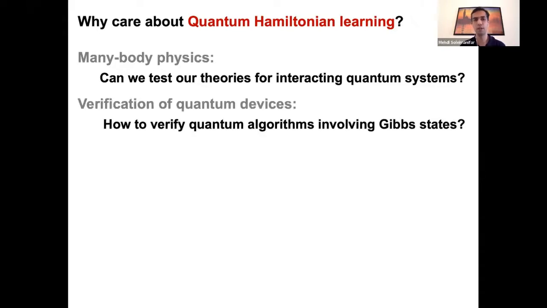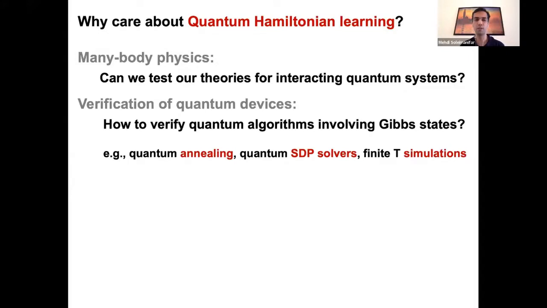And a similar question arises in quantum computing, where many quantum algorithms involve sampling from quantum Gibbs states. This appears in quantum annealing, quantum SDP solvers, or finite temperature simulators. Again, what we would like to have is a classical algorithm that, given the output of a large-scale quantum computer, determines if the correct Gibbs state has been implemented or not, and learns what the implemented Gibbs state is.